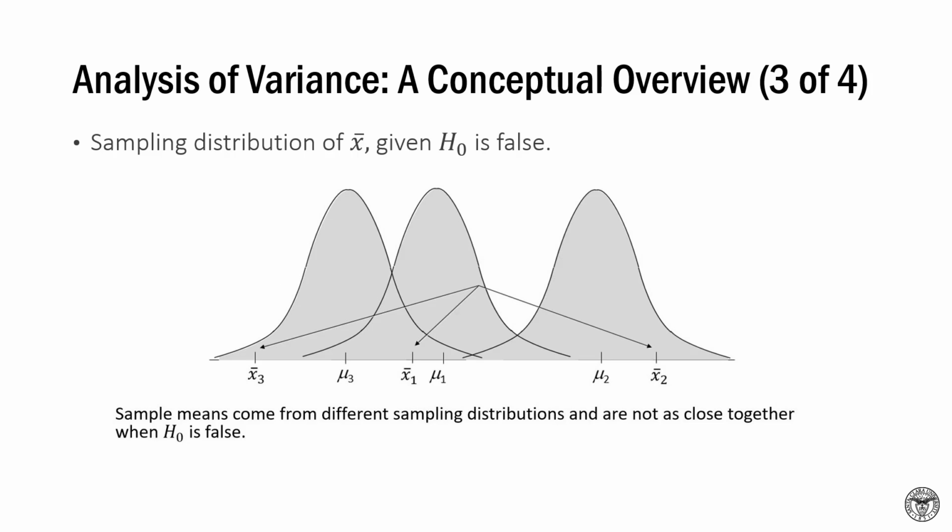However, if the null hypothesis H0 is false, then the means of different treatments originate from distinct sampling distributions. For instance, in this graphical representation, each treatment mean belongs to a separate sampling distribution.